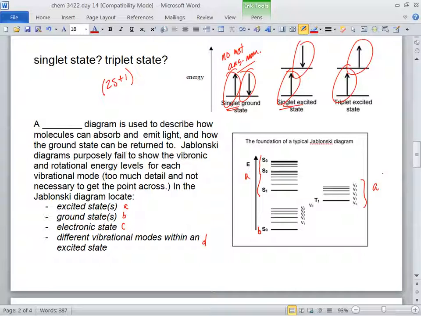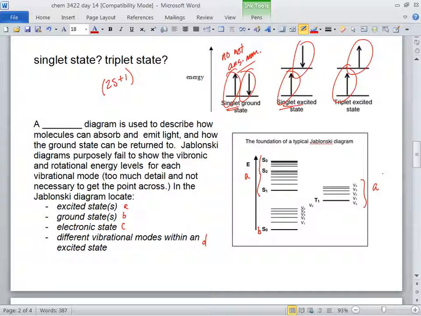We had a quiz where we talked about the different regions of the electromagnetic spectrum and the type of instrument that we used for each. Do you remember this? For example, the FTIR used what region of the electromagnetic spectrum? Infrared. The UV-vis used UV-vis. Which one's higher energy?